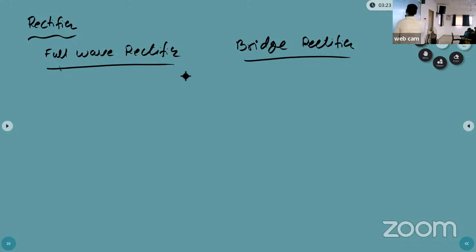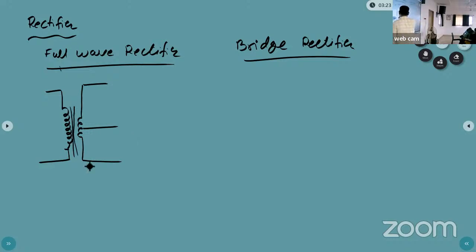In this full wave rectifier, we are using a transformer. That transformer is a step down transformer. And here we are keeping some magnetic plates, parallel plates.